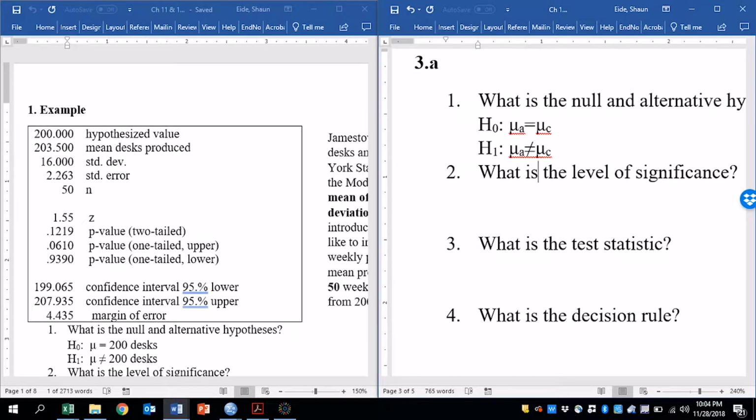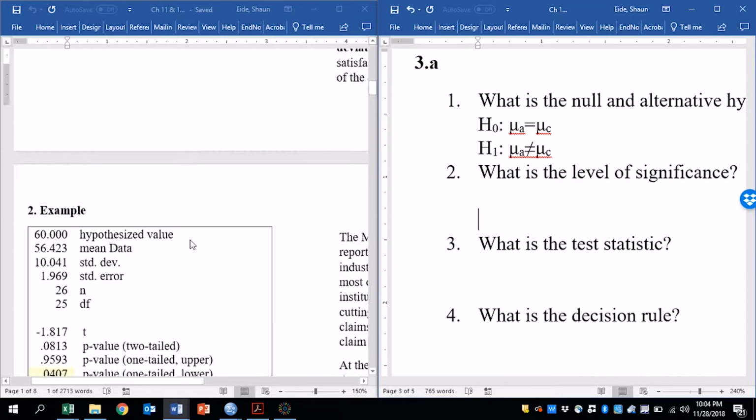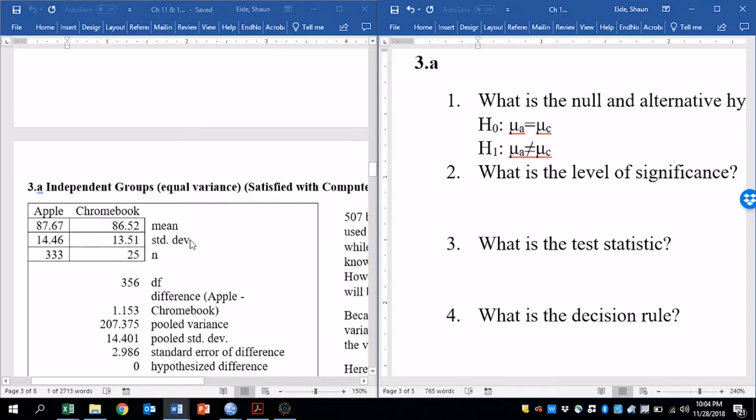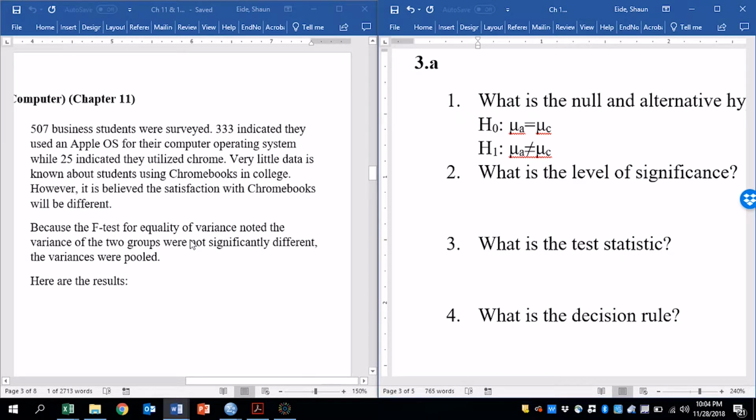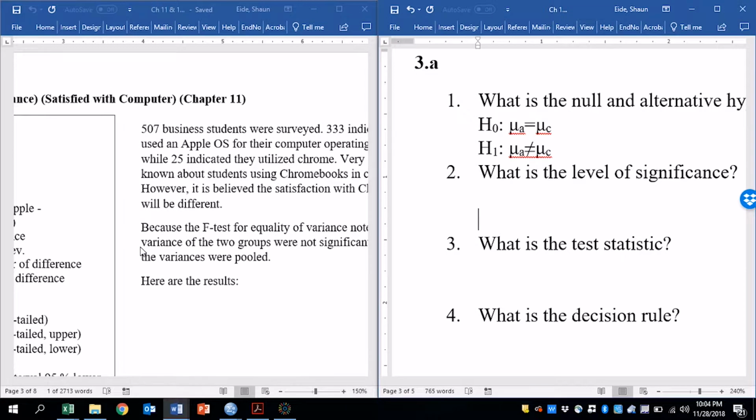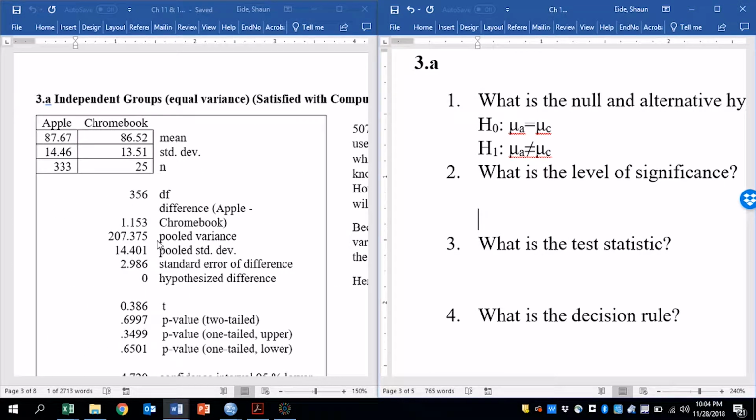What's the level of significance? Well, this is kind of perplexing here because in this particular question, nowhere does it tell you what level of significance to use. So the question is what level of significance should we use? We could use a 0.1, we could use a 0.01, we could use a 0.05, and each one of those means something different.